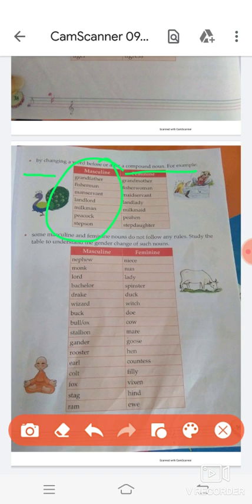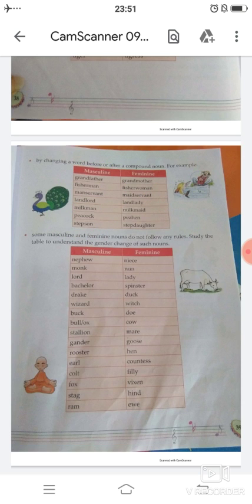First is grandfather, grandmother, fisherman, fisherwoman, manservant, maidservant, landlord, landlady, milkman, milkmaid, peacock, peahen, stepson, stepdaughter. So these are compound nouns and we have changed some words before or after the compound nouns.